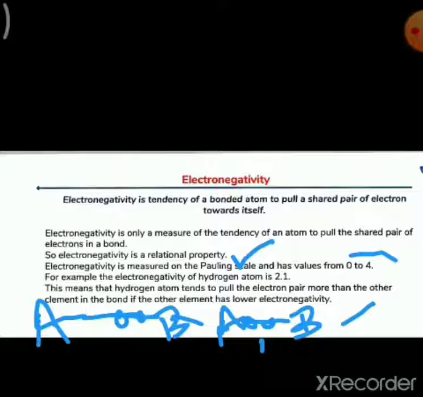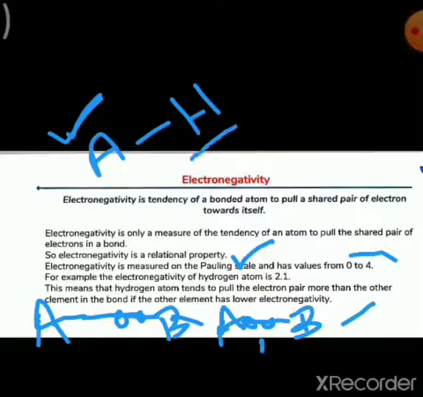Suppose A is bonded with your hydrogen atom, this A atom should have the lower electronegativity value. After that only we can show that hydrogen has the higher electronegativity value. This means the hydrogen atom tends to pull the electron pair more than the other element in the bond if the other element has lower electronegativity.